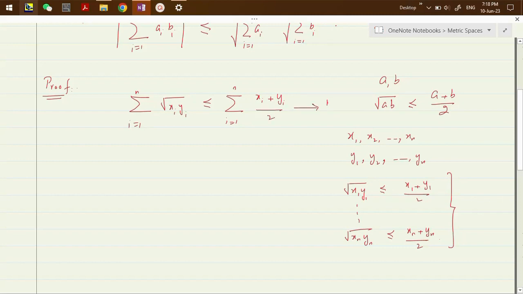This is our equation number 1. I just added the left hand sides and right hand sides of all these inequalities.